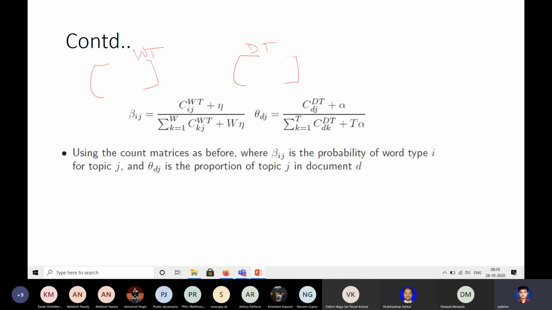They keep on getting updated till they converge to a value. Again, there is a proof that this always converges. Since Gibbs sampling always converges, this will also always converge.